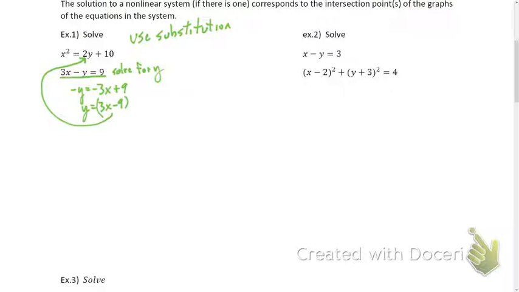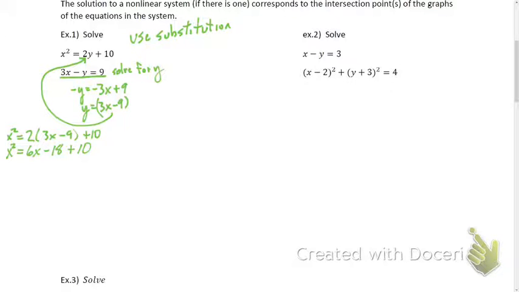Hence substitution. So let's write that. Let's distribute that 2. Oops. And I see an x squared and an x.